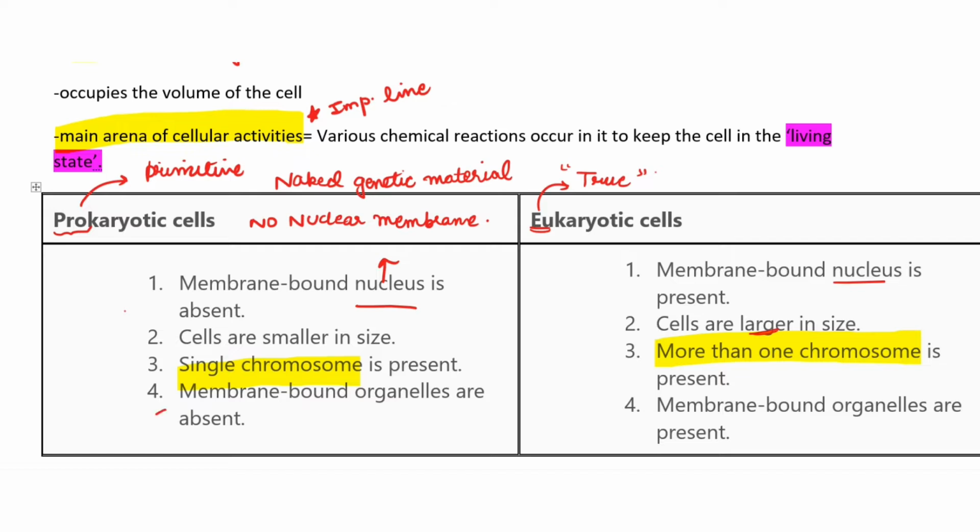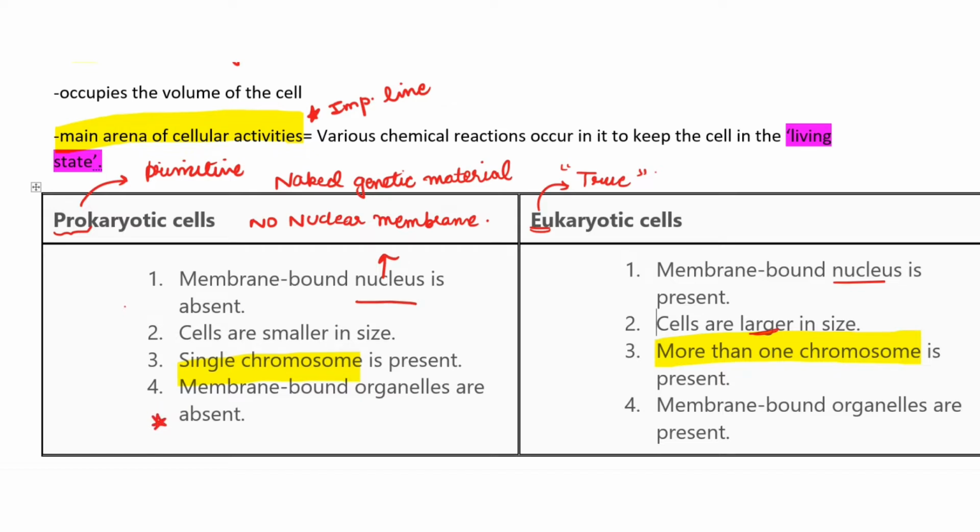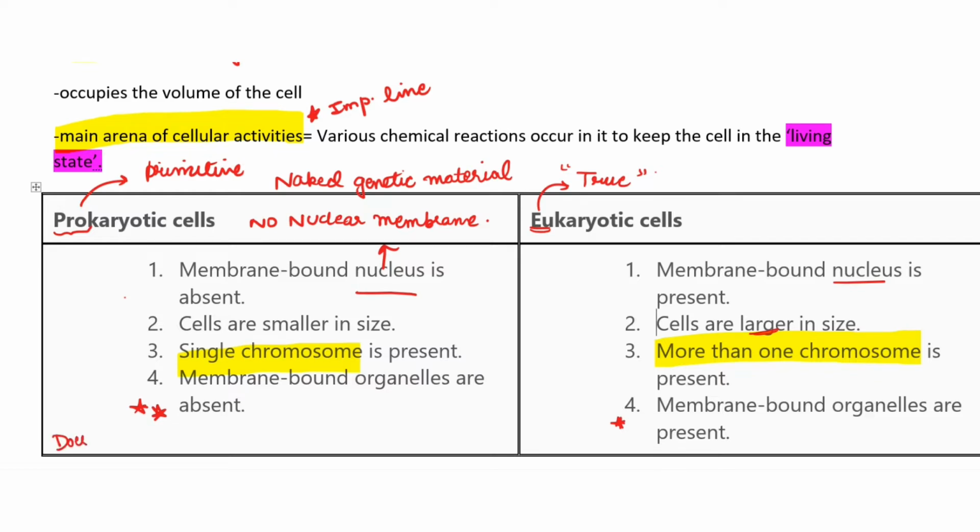And in prokaryotic cells, membrane bound organelles are absent, which means that organelles like mitochondria, vacuole, plastids, and everything, which all have a membrane around them, are absent in them, whereas in eukaryotic cells, all these organelles are present. So this point is important to understand because this does not mean that organelles are absent in prokaryotic cells.